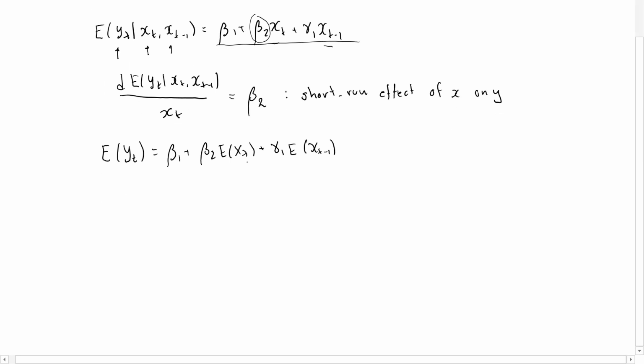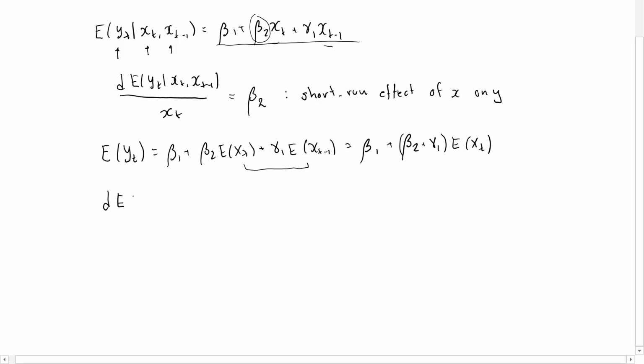Because of the stationarity assumption, we assume that these two are the same. The expected value of xt is the same as the expected value of xt minus 1. So this is beta 1 plus beta 2 plus gamma 1 multiplied by expected value of xt.